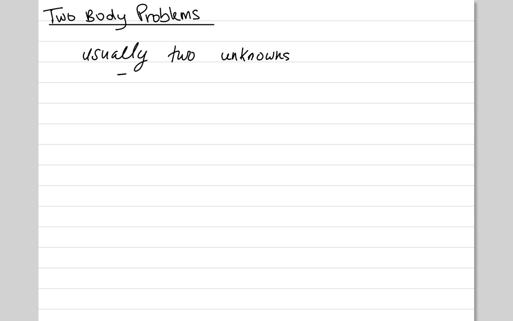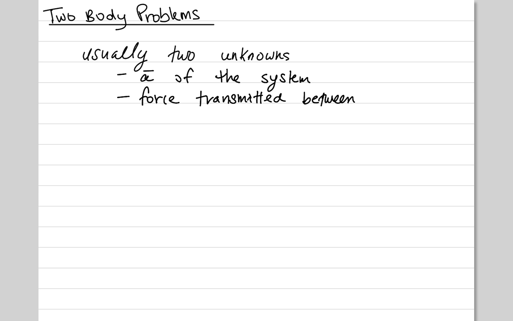Now, usually there are two unknowns. They are the acceleration of the system and the force transmitted between the objects.